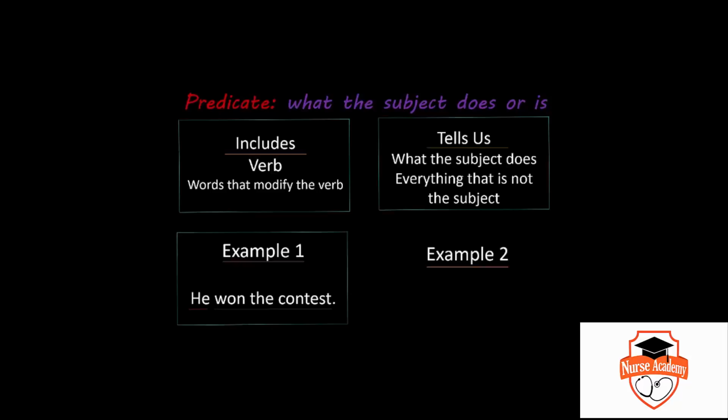And the second example that we could discuss is the student passed the test. In this instance, the subject is the student and the predicate is passed the test. Remember, the predicate is everything that is not the subject, and it is what the subject does. So what did the student do? The student passed the test. So passed the test is your predicate.